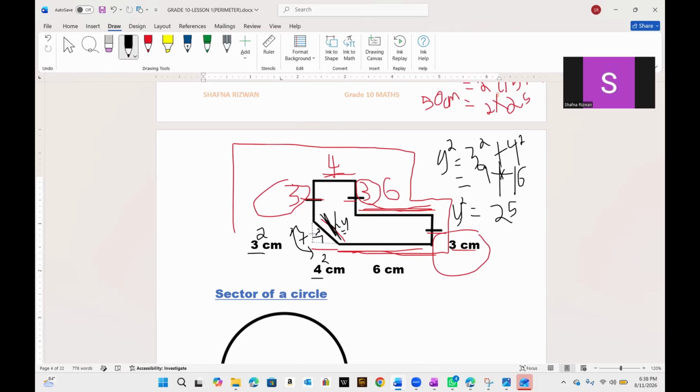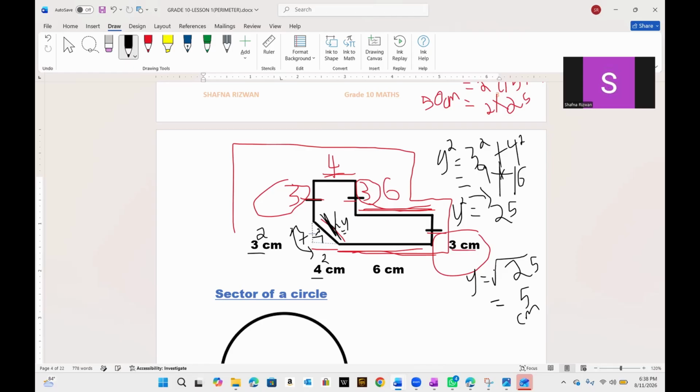Then if you want to find the value of y, which is your hypotenuse, what can you do? Take this square to this side. Then y squared will become a square root like this. When you take square to other side, it will become square root. So what can you say? Square root of 25 is how much? 25 square root is 5. 5 into 5 only will give you 25. So the square root of 25 is how much? 5 centimeter.